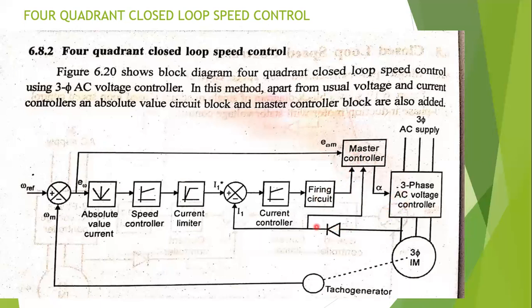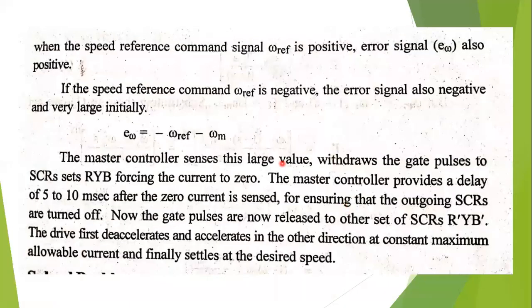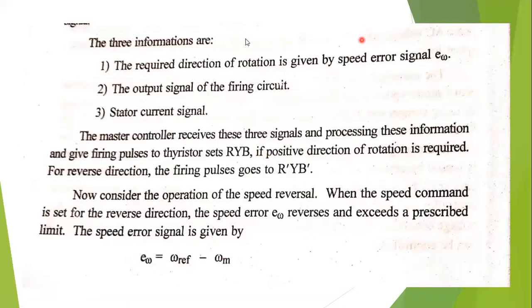This is called the stator current signal. From the stator, the current can be sensed and the signals are taken from the stator current signal. Understood? So like this, these three pieces of information are received by the master controller.